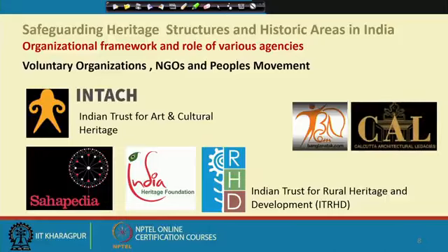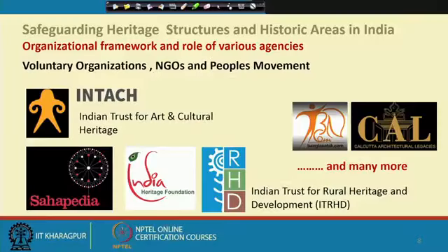Calcutta Heritage Legacy. I am just mentioning some of them, but each and every region of India has a lot of these NGOs, voluntary organizations, who play a very important role in the field of heritage, and their contribution has to be accepted, and more involvement with these NGOs and supporting the NGOs can be done. So, there are many more.